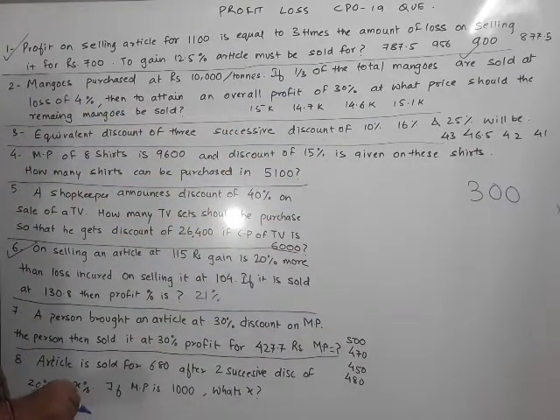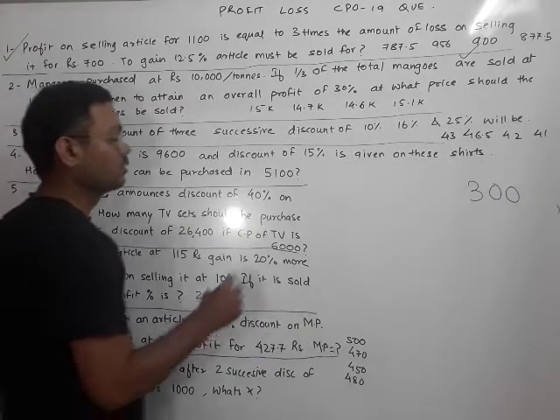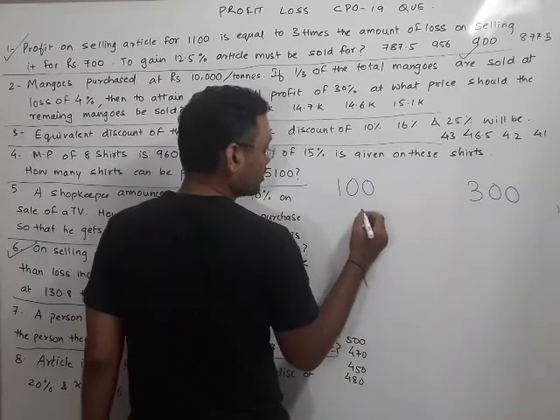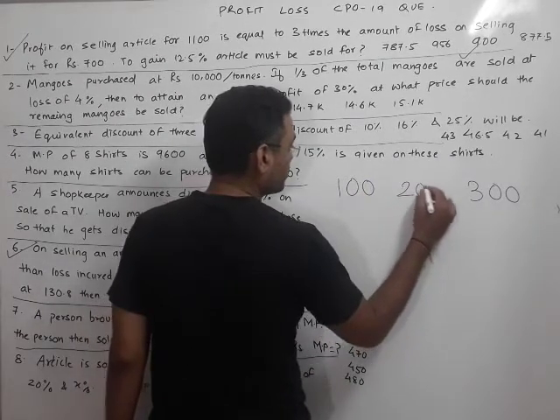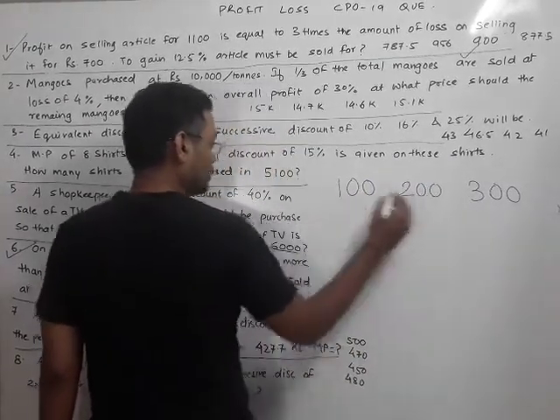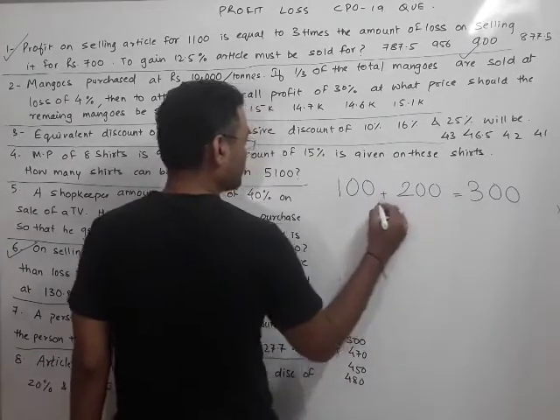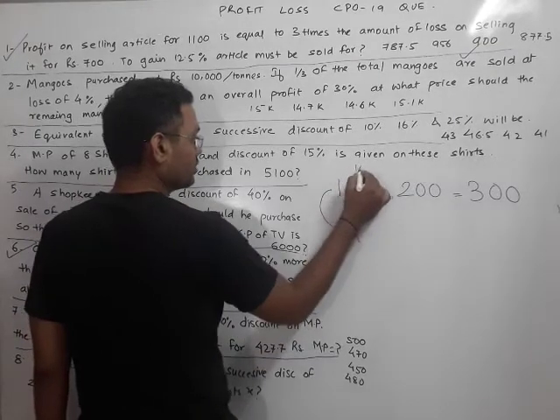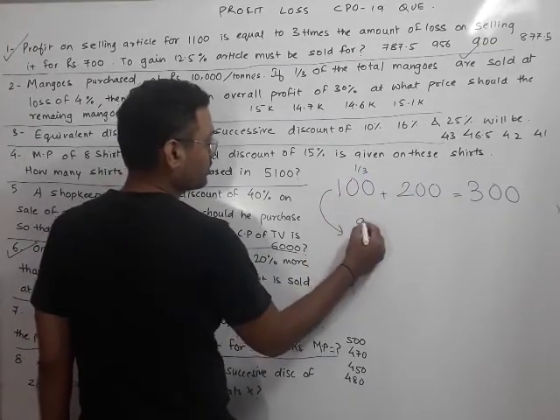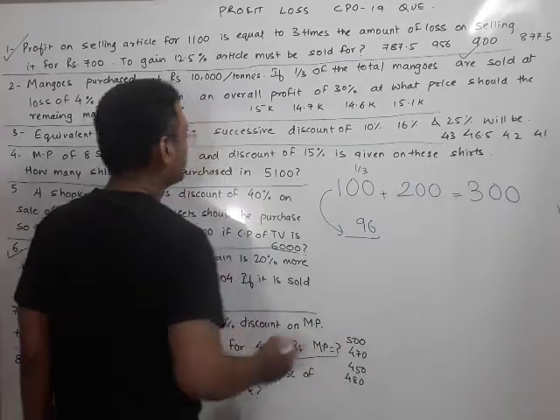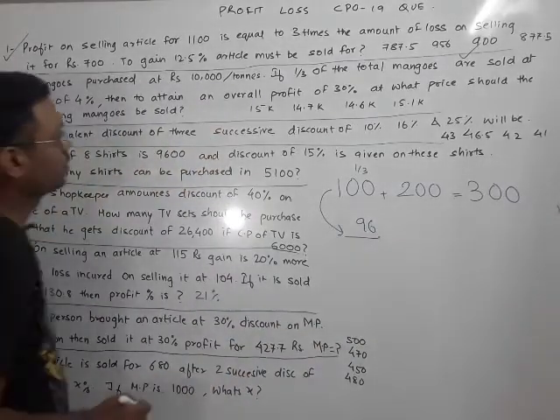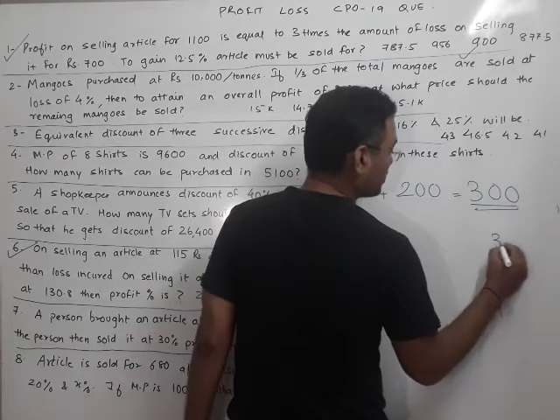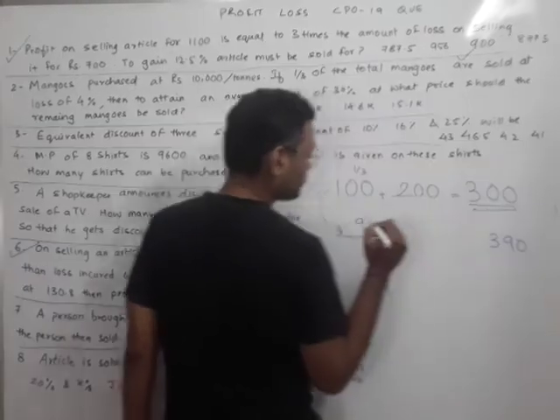Now 1/3 of 300 is 100, remaining is 200. 1/3 are sold at a loss of 4%, which means 96 rupees. To attain an overall profit of 30%, I need 390 rupees.